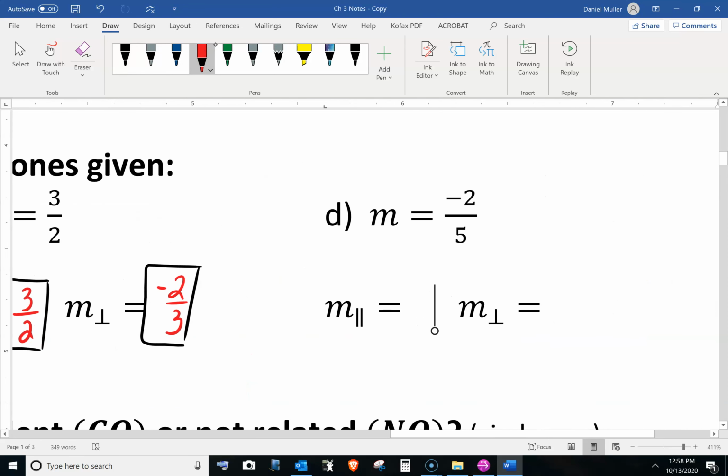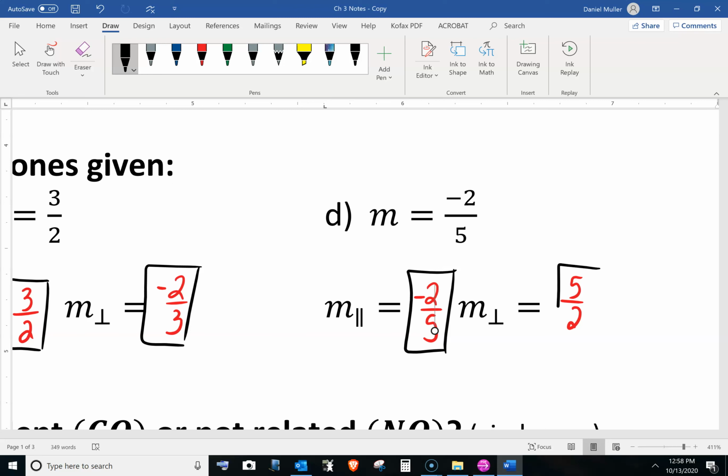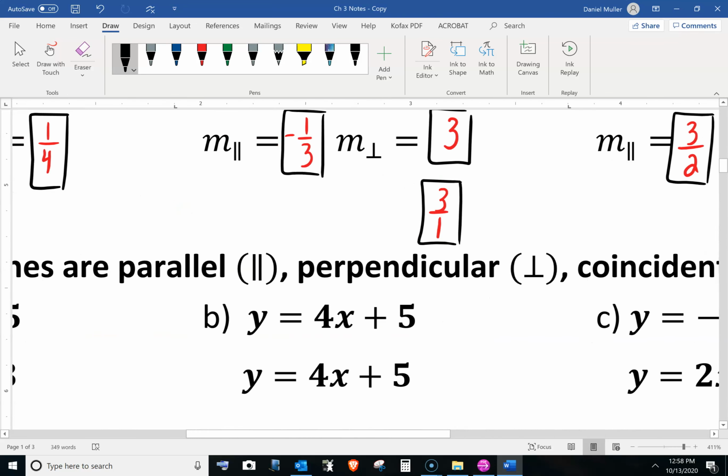Again here, parallel keeps it the same, -2/5. But we flip it here to be 5/2, and we keep it positive. From negative, we turn it to positive. So that is just a refresher for parallel and perpendicular slopes.